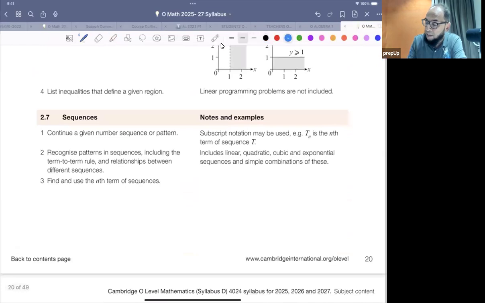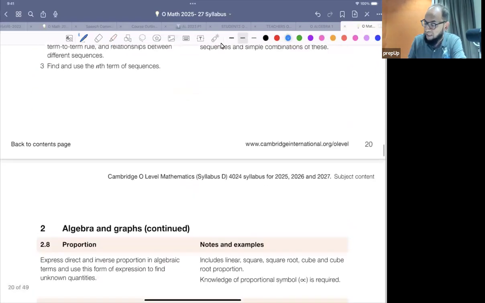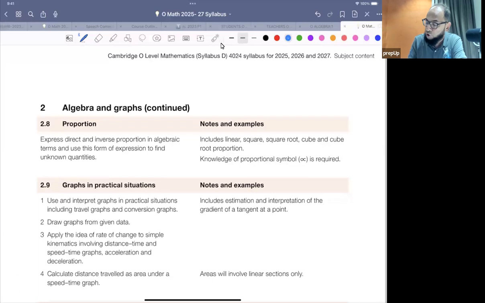So number patterns are also written as part of algebra. And this is something that's also coming up in A-level maths. Then there is proportion, direct and indirect, direct and inverse proportionality.